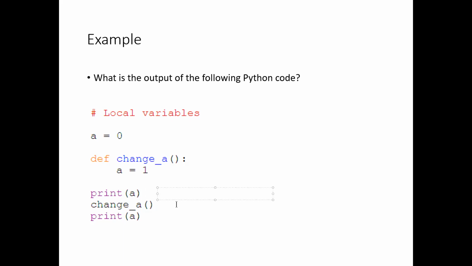And then you call the function, and you think it will change the value to 1, and then you expect 1 here. Why don't you type this code and see the result yourself?